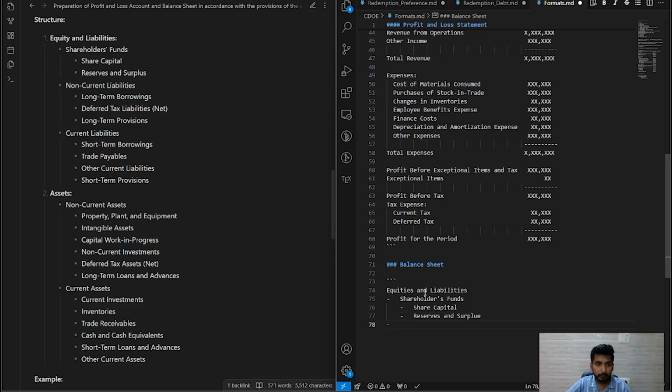After that will be my non-current liabilities, which includes my long-term borrowings and deferred tax liabilities and long-term provisions.